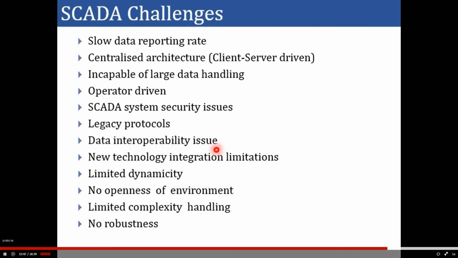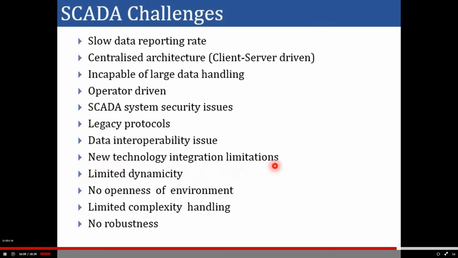Data interoperability is another challenge. Being an OT application, the data cannot be easily transmitted from OT to information technology applications. So that also needs to be addressed when we talk about the SCADA data interoperability.